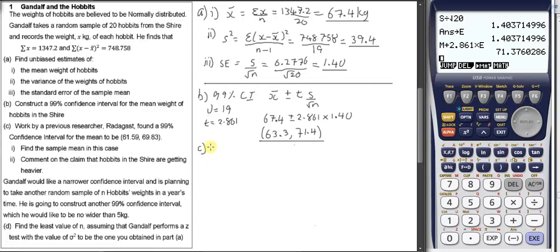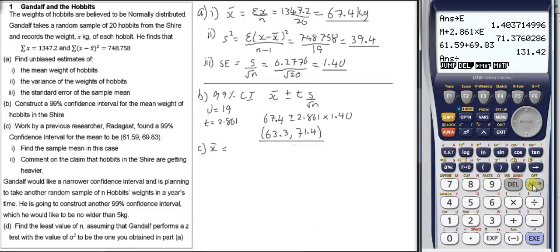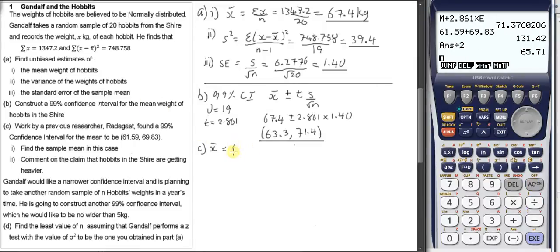Well, it must be halfway between the upper and lower values, seeing as the distribution of this is symmetrical. So we just need to do halfway between 61.59 and 69.83. Press equals, divide by 2 and we get 65.71.